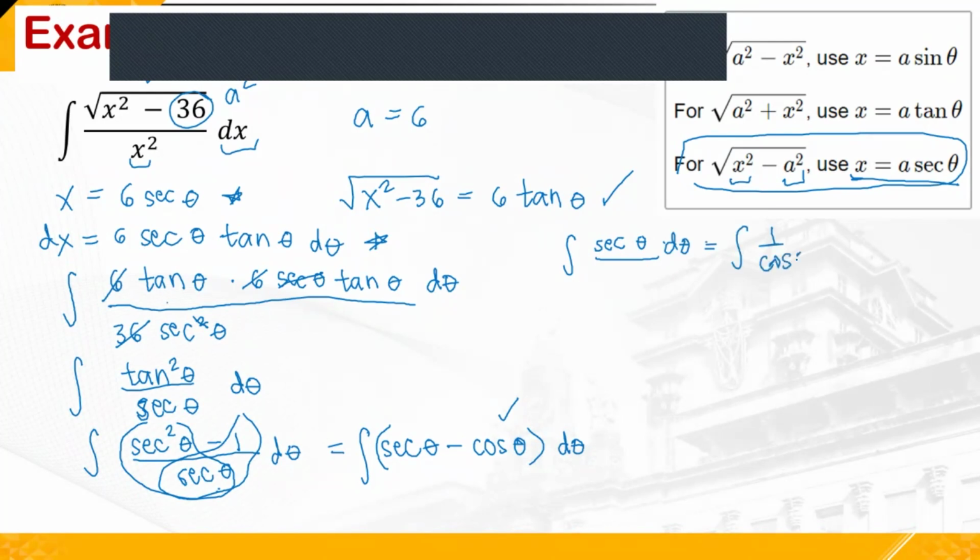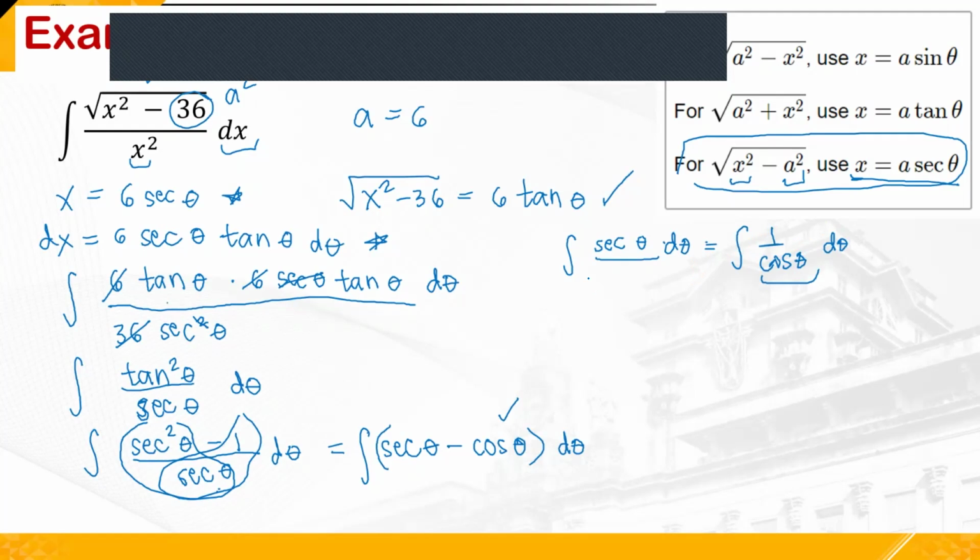Some of you might be thinking like this. Yan. Hindi natin mai-integrate yun kasi cosine theta to the negative 1. If we let u be equal to cosine theta, yung du natin, we will be needing a sine function for that. So, wala tayong presence of sine eh. So, that will be a problem for us, no? So, paano kaya siya?